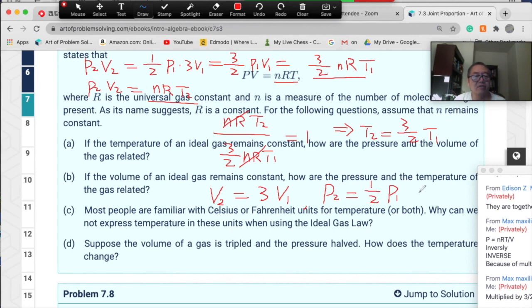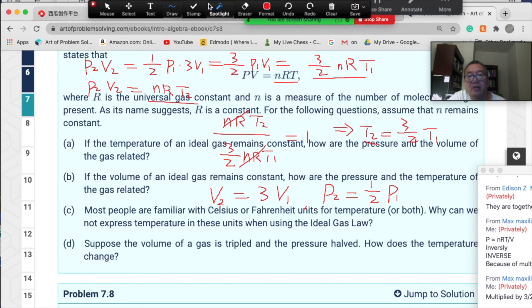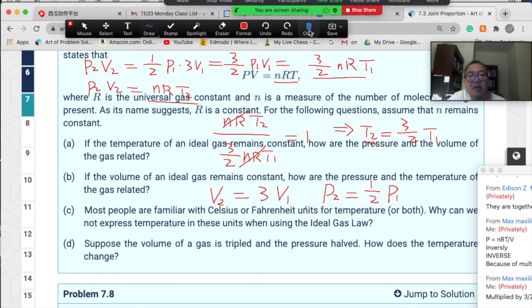So that means temperature will increase 1.5 times, because T2 equals 1.5 times T1. Yes, Max, you're right. They ask how does the temperature change? So temperature increases to 1.5 times the previous one. Okay.